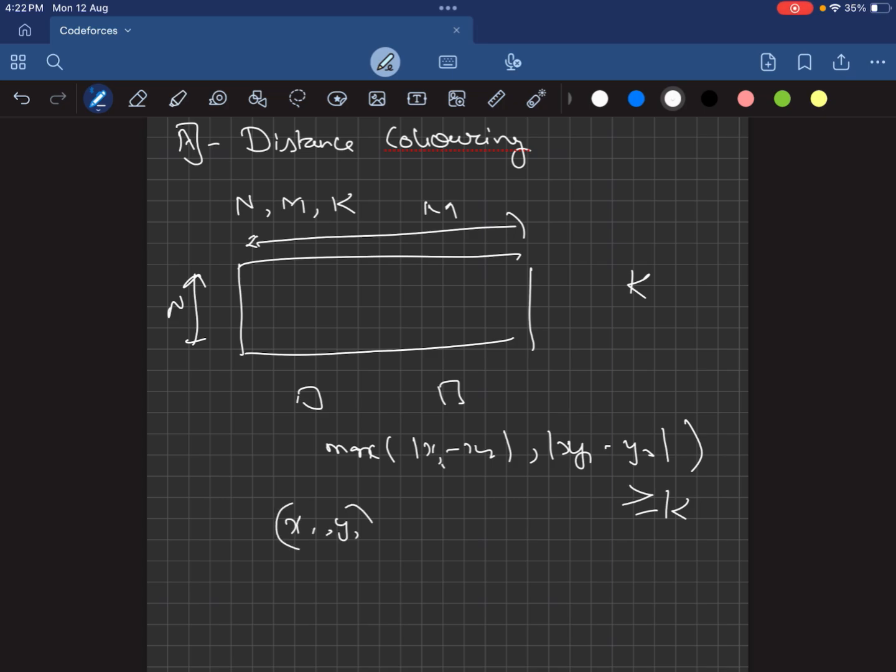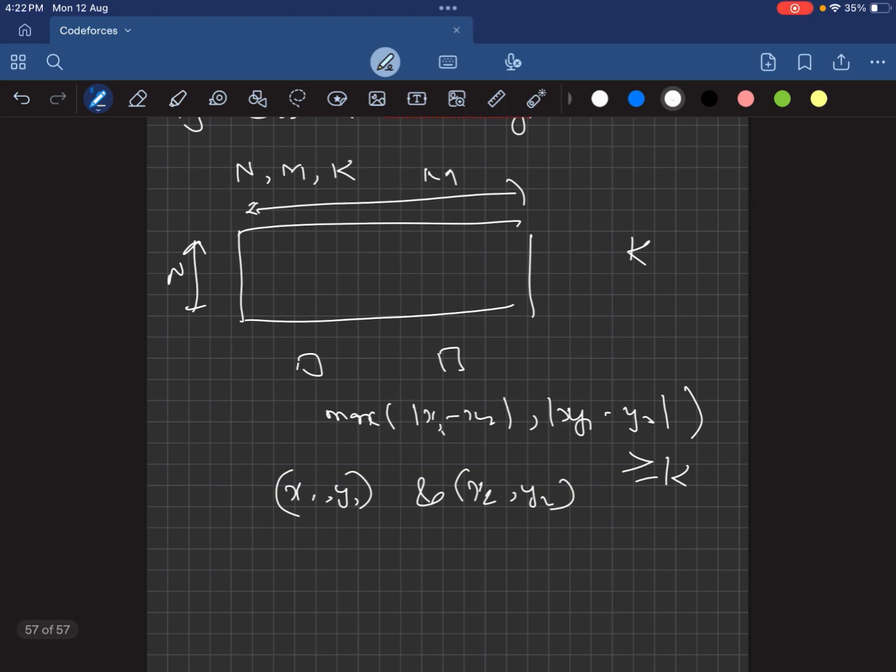If (x1, y1) and (x2, y2) have the same color, then the one-dimensional distance between them, or the difference between the coordinates, should be at least k.